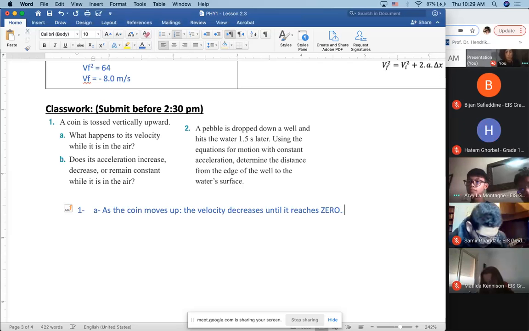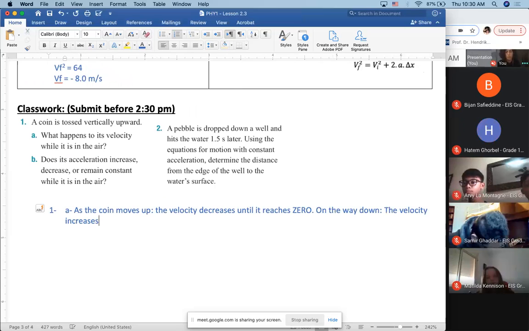On the way down, the velocity increases, but in the negative direction, because it's the way down. Easy. Part B, what do they want?